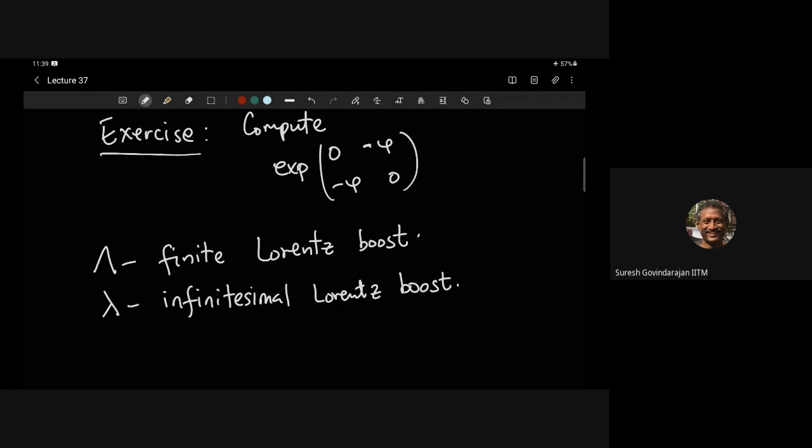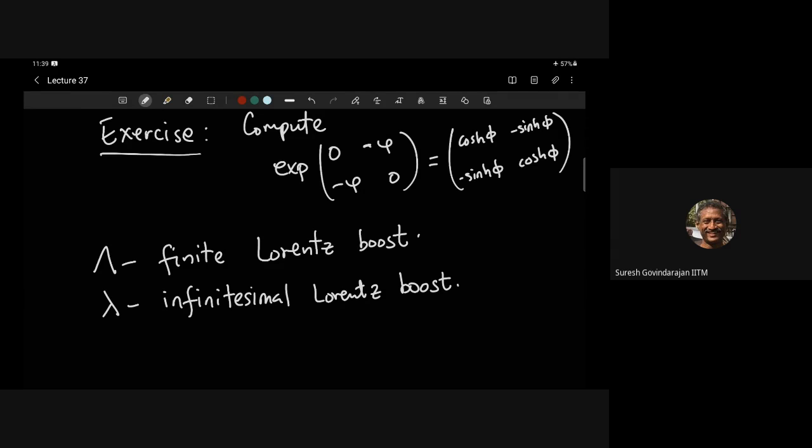So maybe I'll write this out. You can show that this is equal to this. What we see here looks similar to the rotation matrix in 2 dimensions, except sine and cosine functions are replaced with hyperbolic functions.